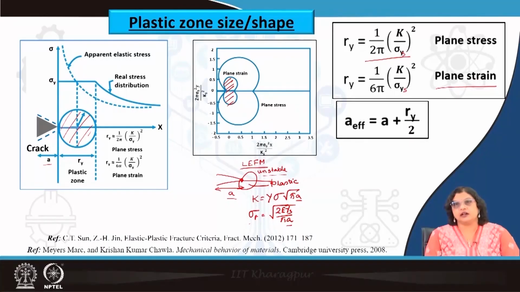So, one thing is clear: we cannot use the term a anymore in case there is significant plastic deformation. If the plastic deformation is negligible, no problem, we can still consider a as the prime parameter and use it for all the quantification. But in case there is a significant amount of plastic deformation, then we need to consider the plastic zone size also, and in that case the crack length is considered as a effective.